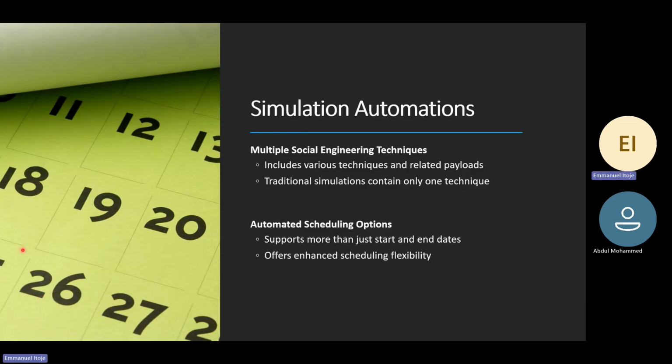Now, there's also what we call simulation automation, right? For simulation automations, we have multiple social engineering techniques. Although attack simulation training contains many built-in payloads for the available social engineering techniques, you can create a custom payload to better suit your business needs.